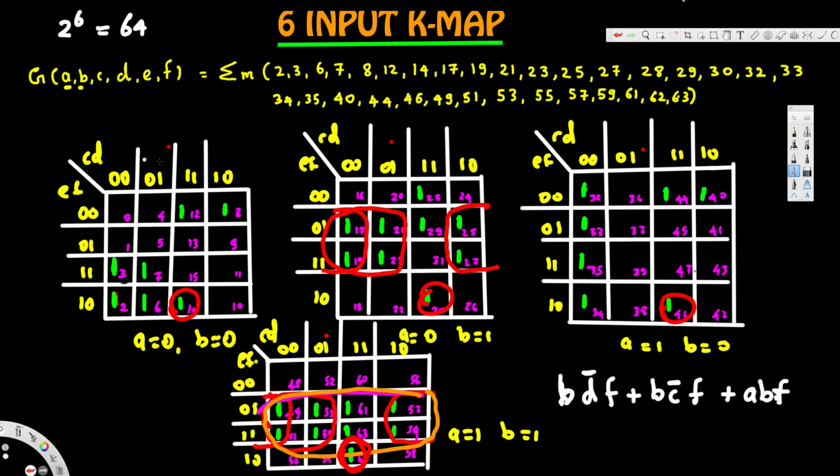How about C, D and E, F? Since it's occurring in one place, C, D and E, F are not changing. So C, D is what? 1, 1. 1, 1 means we have to put just C, D. E is 1, so we put E. And F is 0, so we put F not. Okay. And this is for this one.